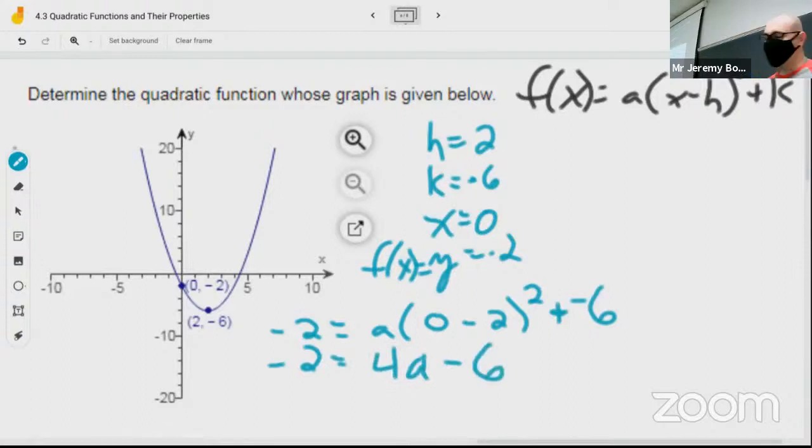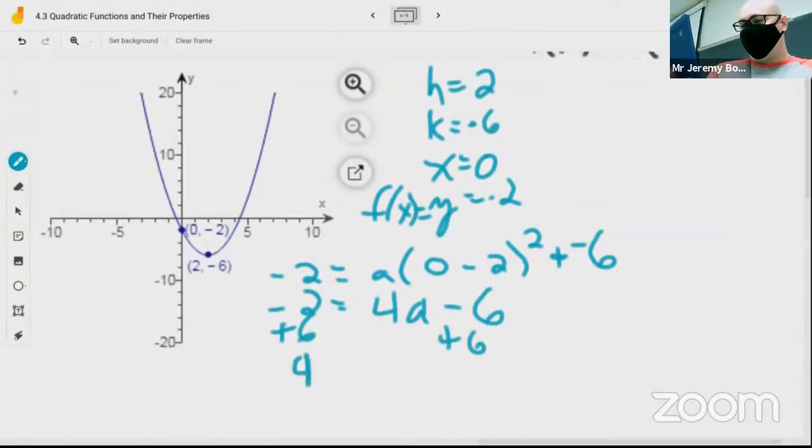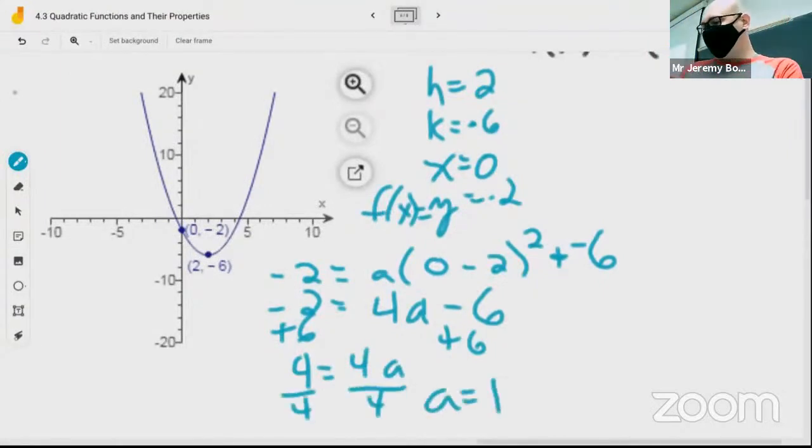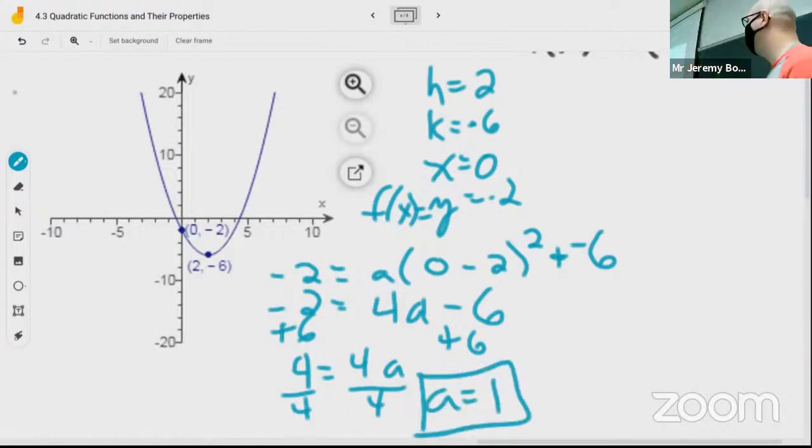Because 0 minus 2 is going to be -2. Squared, it's going to be +4. And we're going to add 6 to both sides. So this works out really well. And we'll get 4 is equal to 4a. Divided by 4, a is equal to 1. If you get an a is equal to 1, it's a beautiful thing.